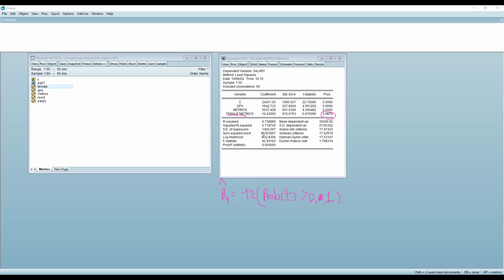Yes, that's okay. So since this one you multiply with matrix, it means if you were female, you have a negative, lower effect of econometrics, metrics, to salary than male.